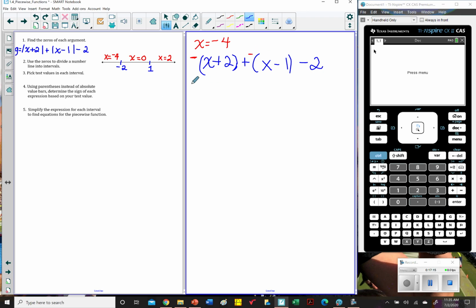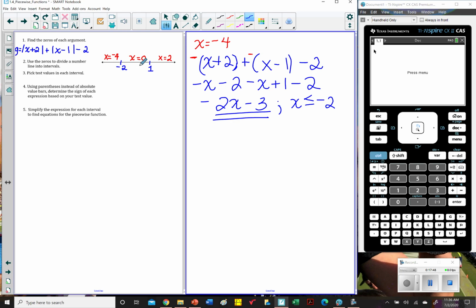So simplifying this expression with our result of that test, we would end up with negative x minus 2 minus x plus 1 minus 2. Combining like terms, we end up with negative 2x minus 3. So this is the piece of our equation in the subdomain for all the x's less than or equal to negative 2. So that's one piece of our piecewise function.